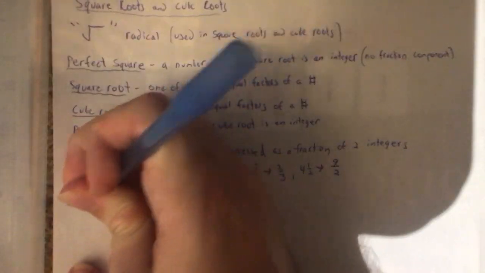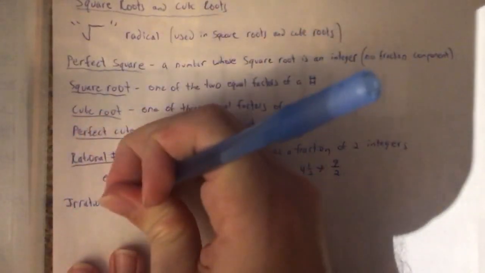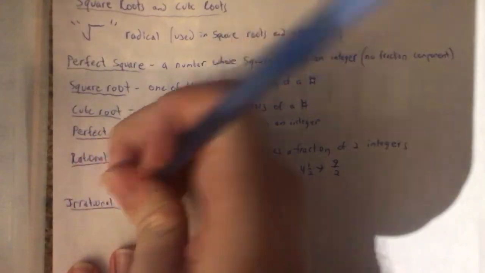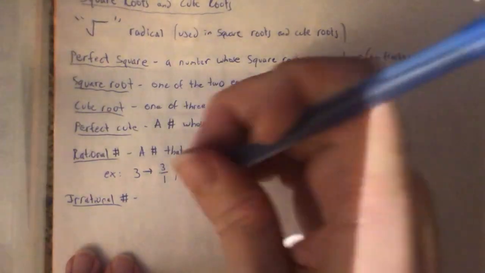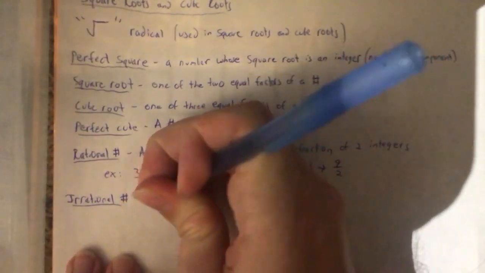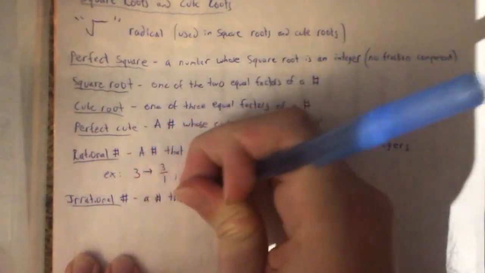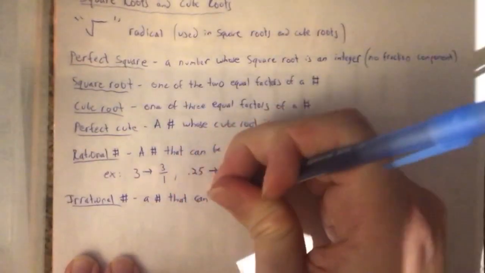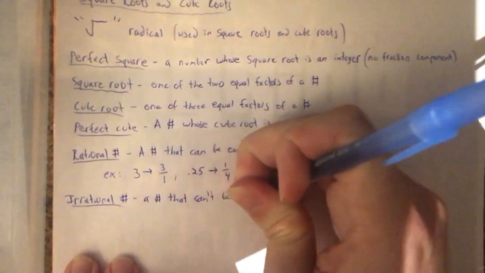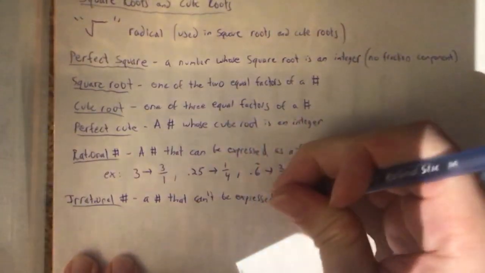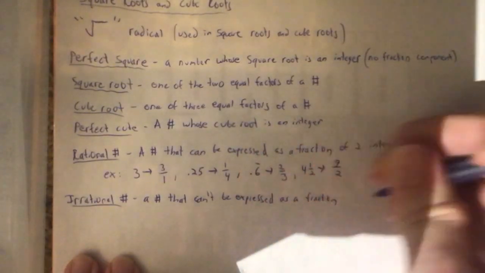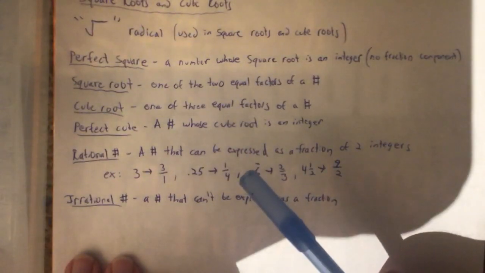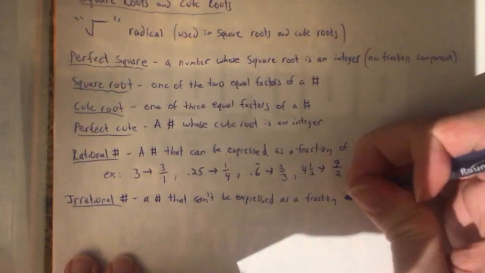An irrational number is basically the opposite of a rational number. It is a number that can't be expressed as a fraction of 2 integers.